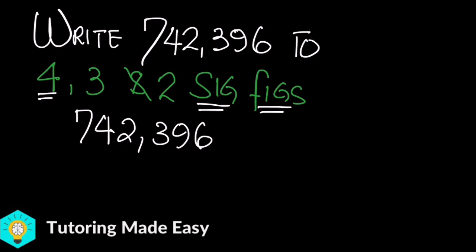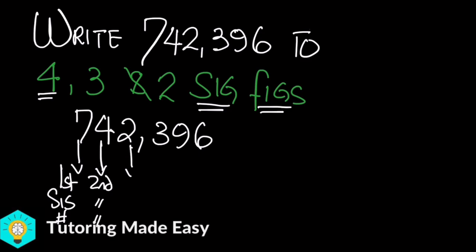The moment we have whole numbers, the significant figures begin right from the left all the way to the right. So this becomes our first significant number, and this is our second significant number. Then the 2 here is our third significant number. But we've been asked to write it in 4 significant figures.